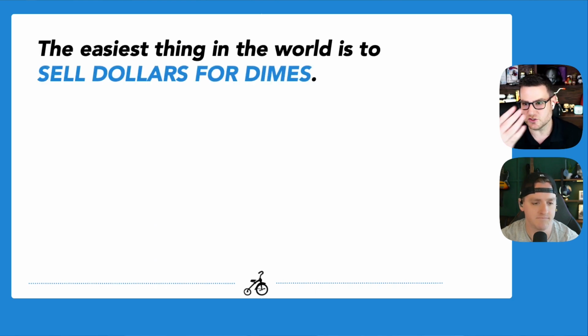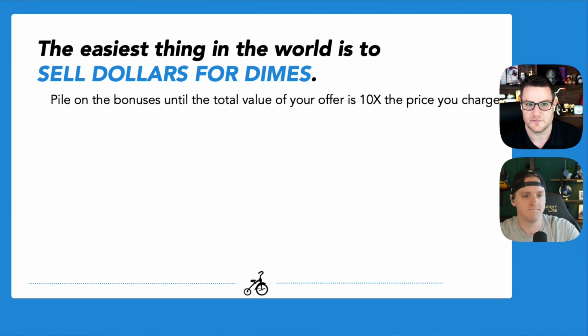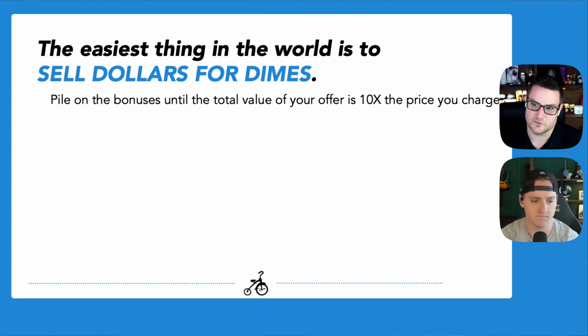And this is a quote from the book, one of Jim Edwards' mentors said this to him. The easiest thing in the world is to sell dollars for dimes. So if you can pile on bonuses until the total value of your offer is 10x the price you charge, you're going to be able to more easily convert people.